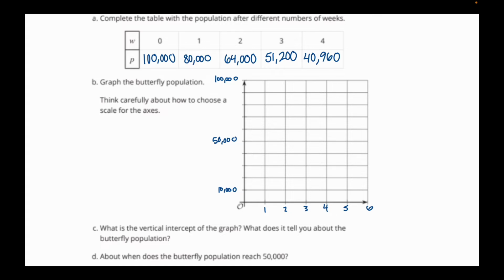Okay. So at 0, we have 100,000. So I'm going to put my starting point here. And then at 1, we have 80,000, so that would be right there. At 2, we have 64,000. Let's see, 60,000 is right here, so we're going to be about right there.